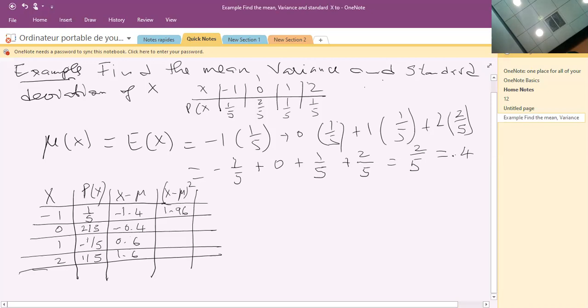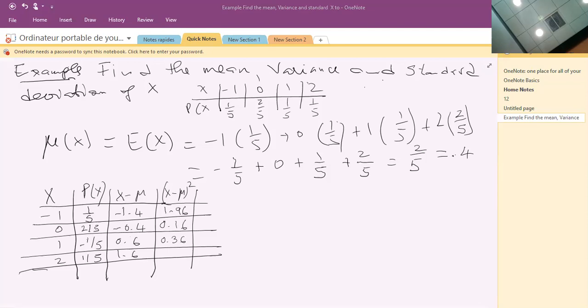Then we have 0.4 squared, and 0.6 squared, and 1.6 squared, which is 2.56.